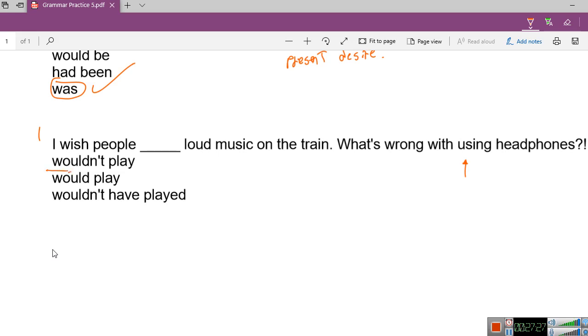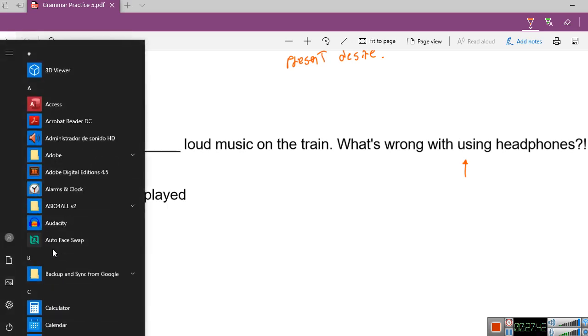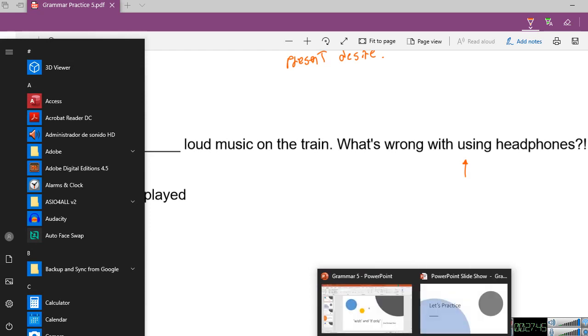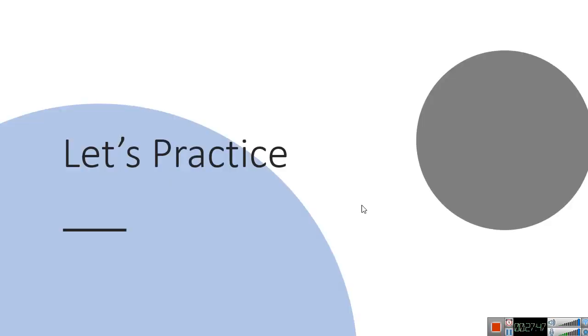Very well. That is the answer. So they're playing loud music. I'm annoyed by that. I wish they would use headphones because that's the opposite of loud music. When you use headphones, you're not listening to loud music.